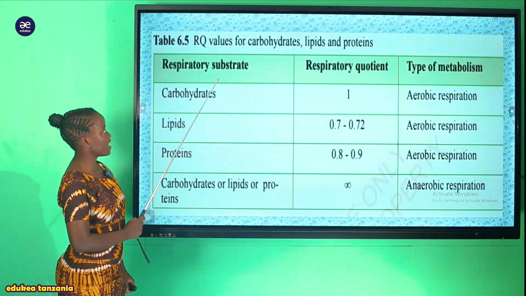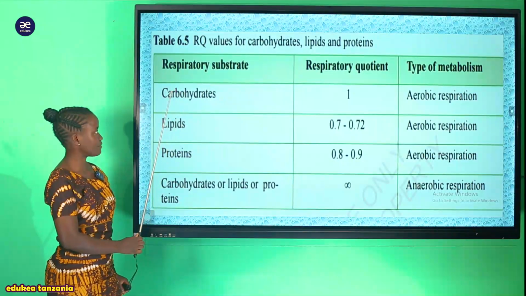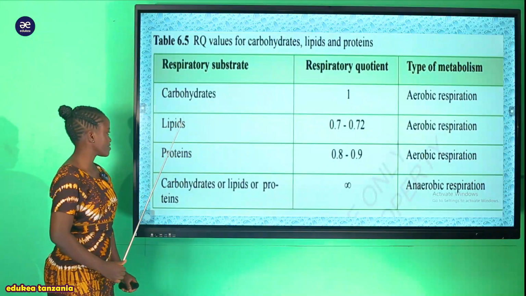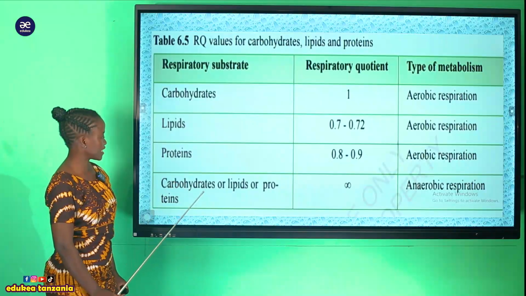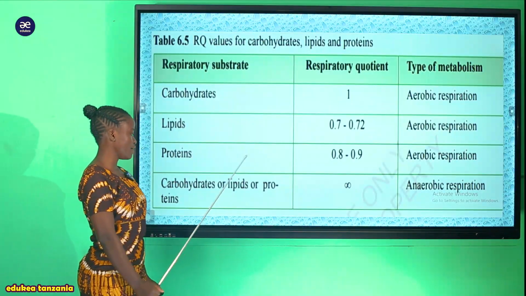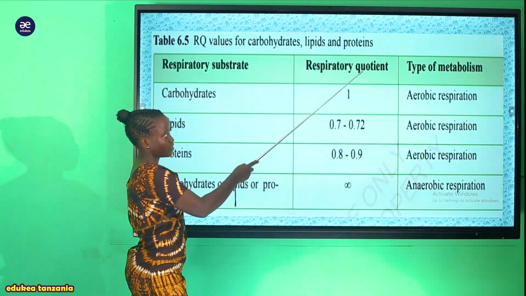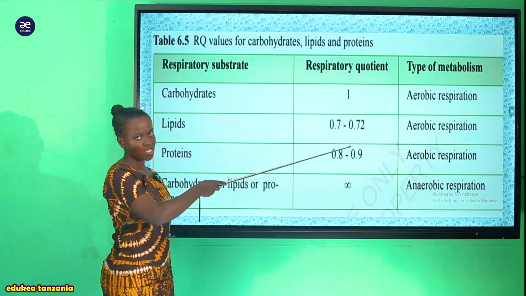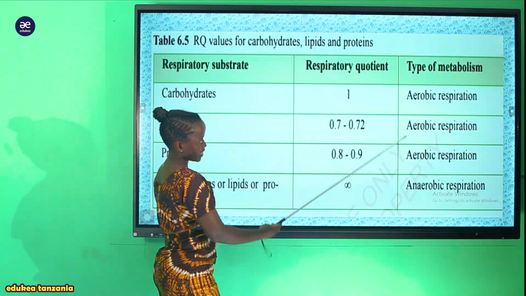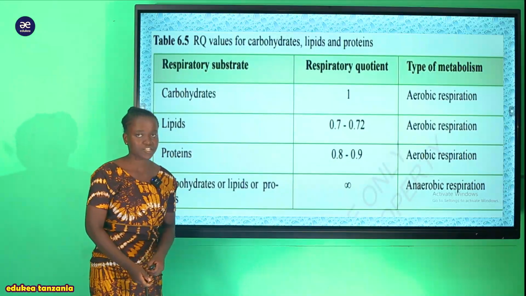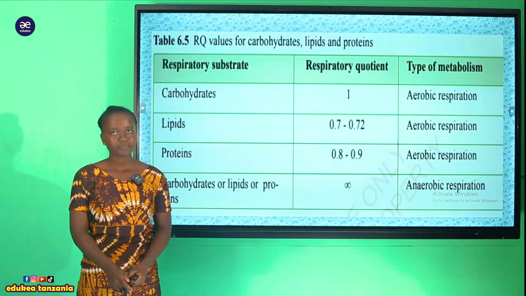So we have our respiratory substrates, which are the three: carbohydrates, lipids, and proteins. Here we have the respiratory quotient of each. And there we have the type of metabolism, which can be either aerobic respiration or anaerobic respiration.